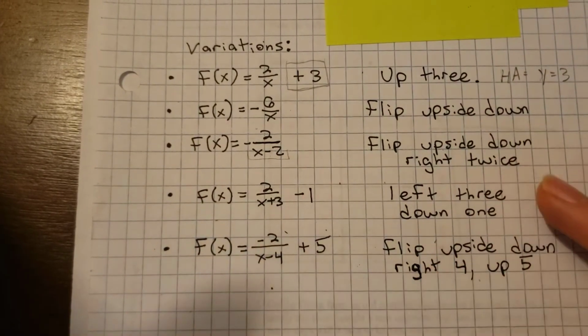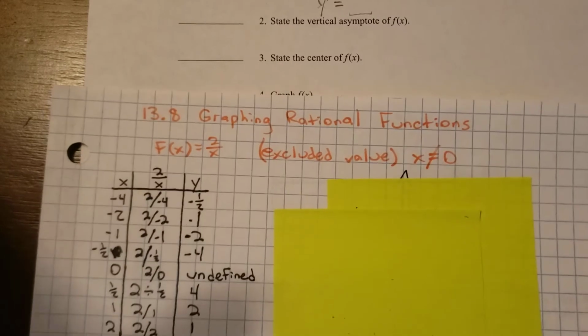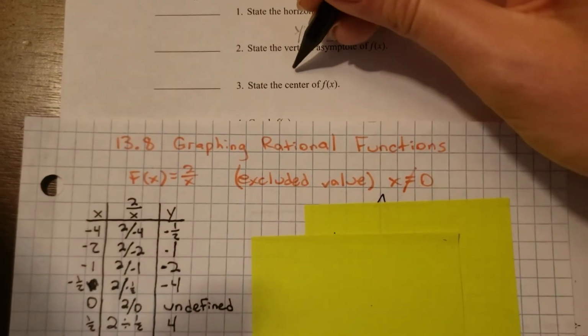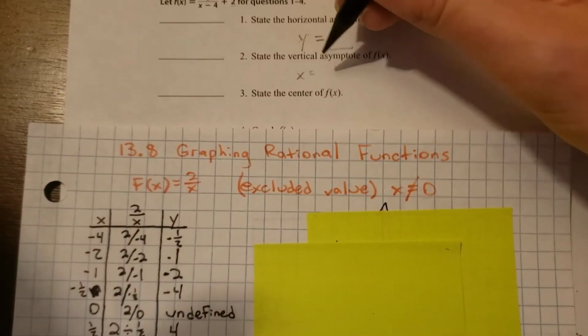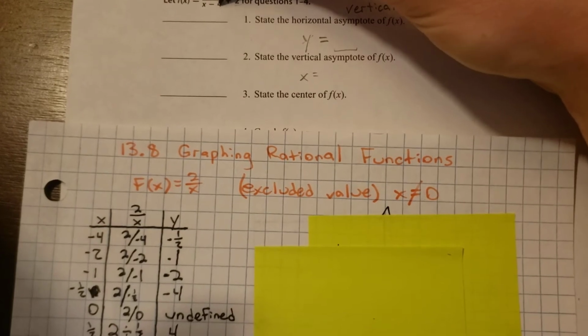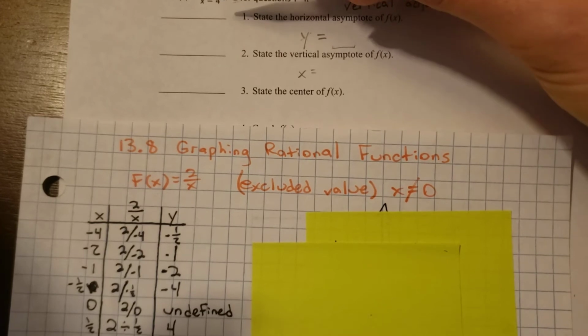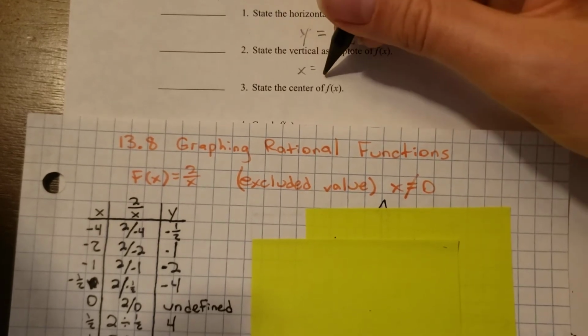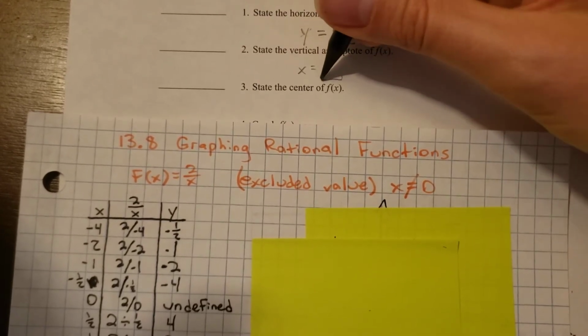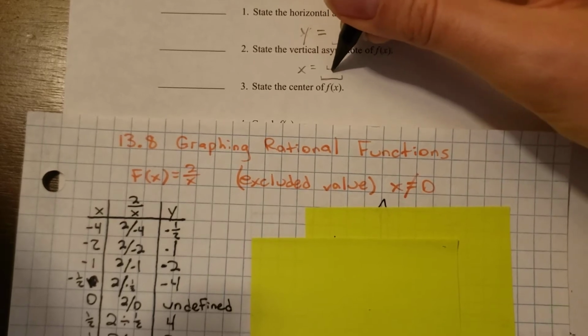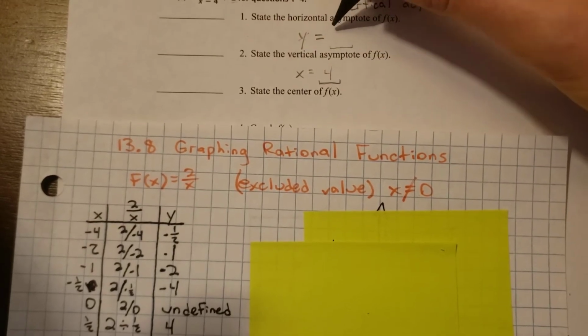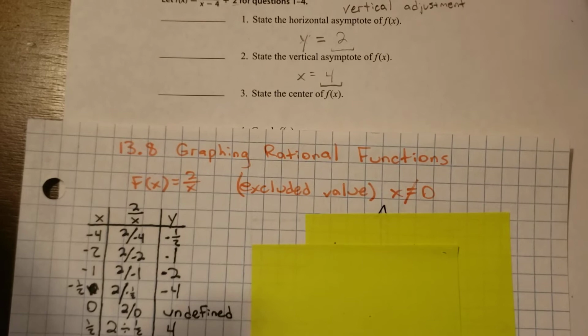You've got to switch the sign. So here, again, it's going to be x equals a certain value. Well, we're subtracting 4, so it's going to be that value positive. So x equals that positive value 4. In this case, again, it's that positive value 2.